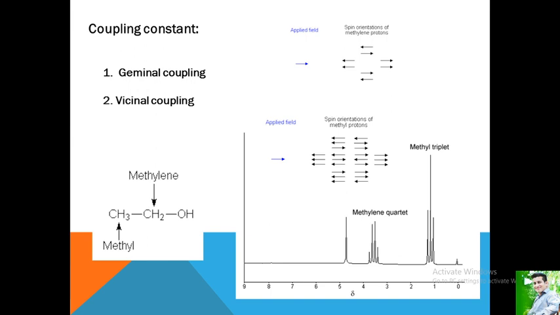Equivalent nuclei do not interact with each other. The 3 methyl protons in ethanol cause splitting of the neighboring methylene protons. They do not cause splitting among themselves.